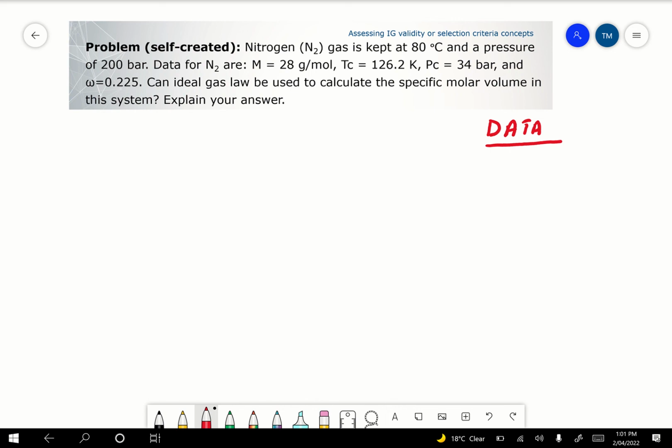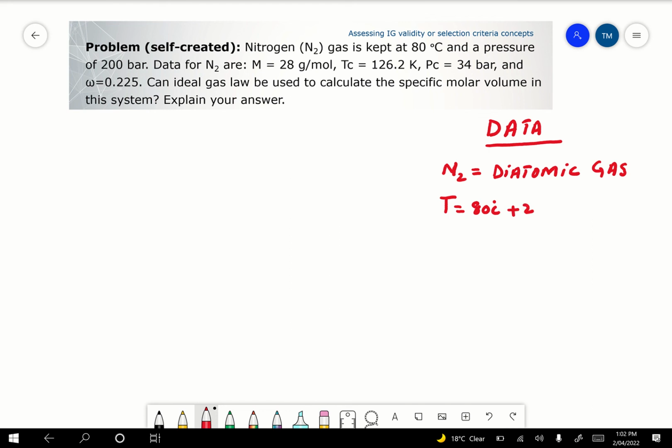First of all, nitrogen is a diatomic gas. Then we have temperature, which is 80 degrees Celsius.